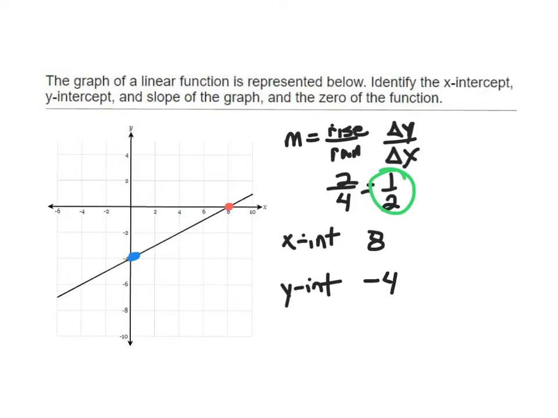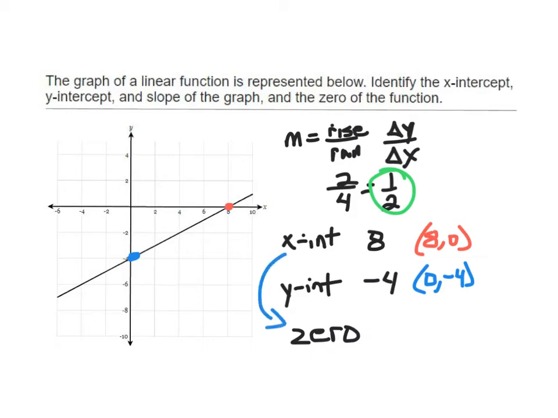If you were putting those in coordinates again, the x-intercept would be at 8, 0, and the y-intercept would be at 0, -4. All right, and then finally the zero. The zero is really the same thing as the x-intercept.